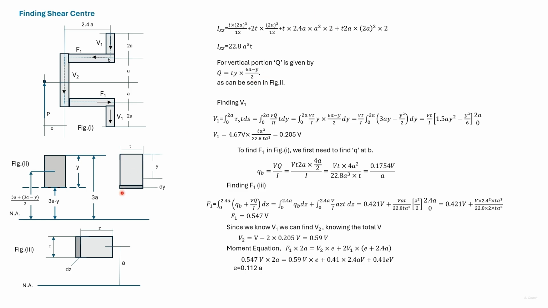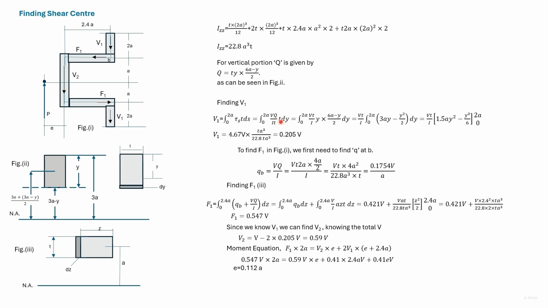Consider an element of thickness dy. Then if the shear stress is tau s, the force acting will be tau s into dy into t. Integrating such forces from 0 to 2a, we get V1. We substitute tau s as VQ divided by It.